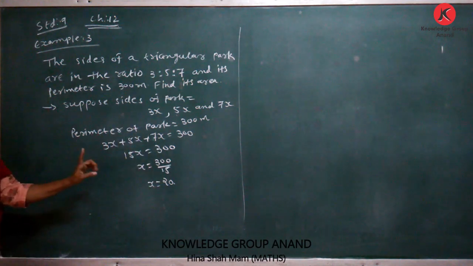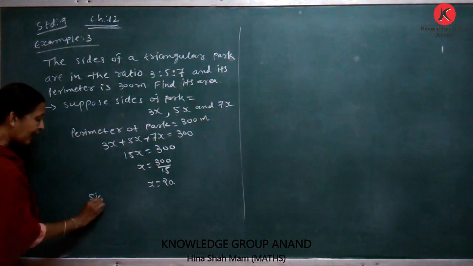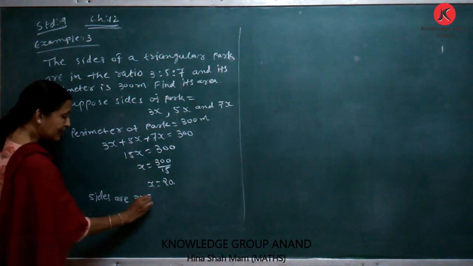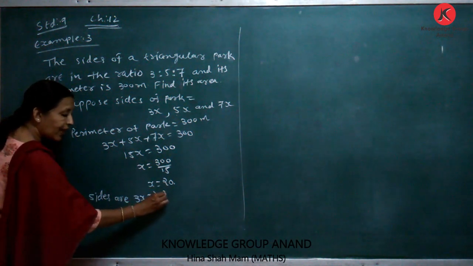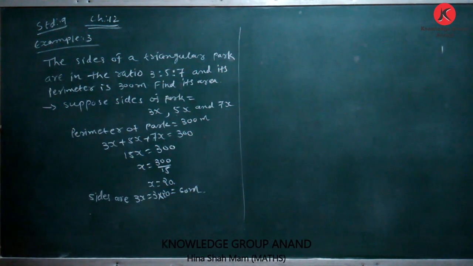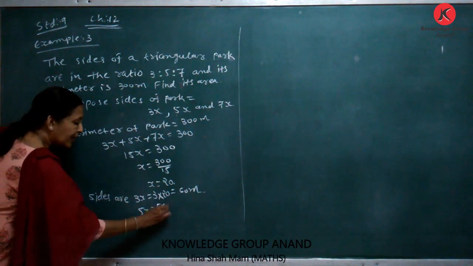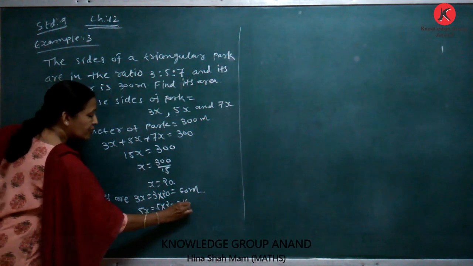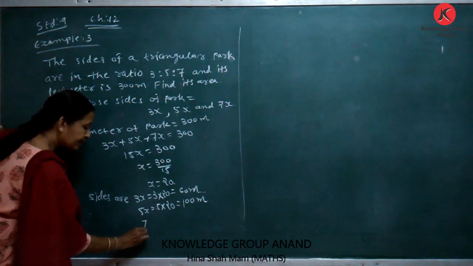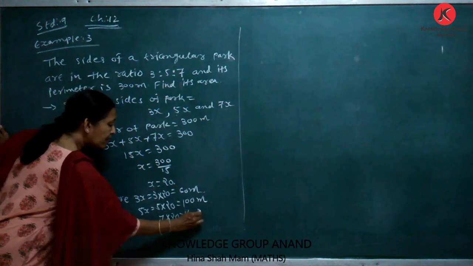Now we find our sides. 3x is equal to 3 into 20, which is 60 meter. Then 5x is equal to 5 into 20 is equal to 100 meter, and 7x is equal to 7 into 20 is equal to 140.